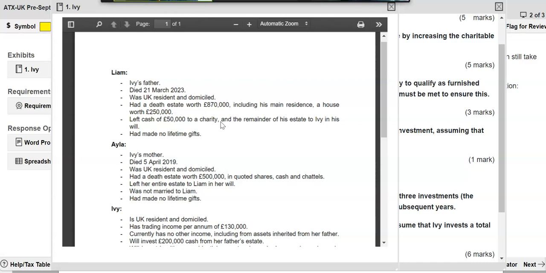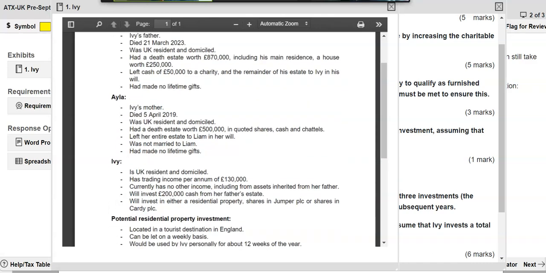Okay, moving on. So this means that the remaining residence nil rate band of her mother cannot be used on the death of her father, right? Because they were not married.